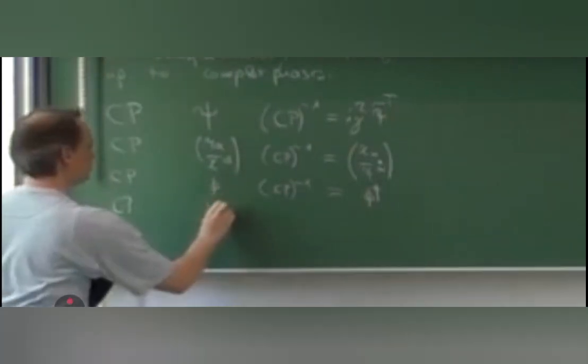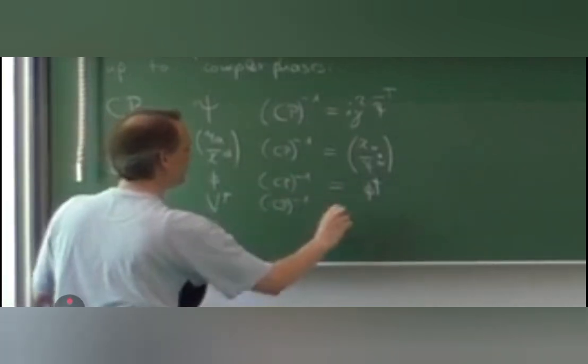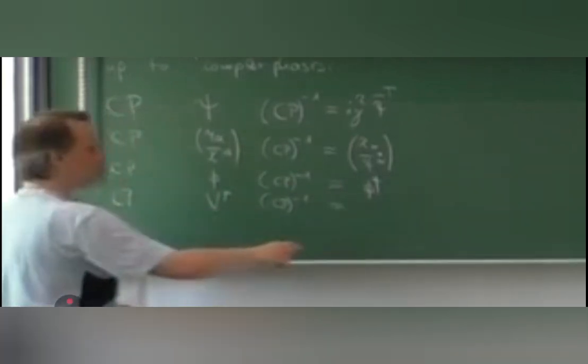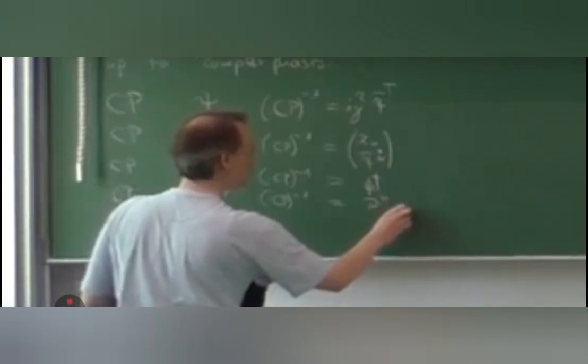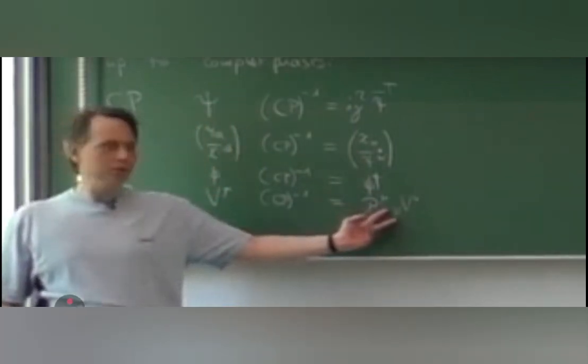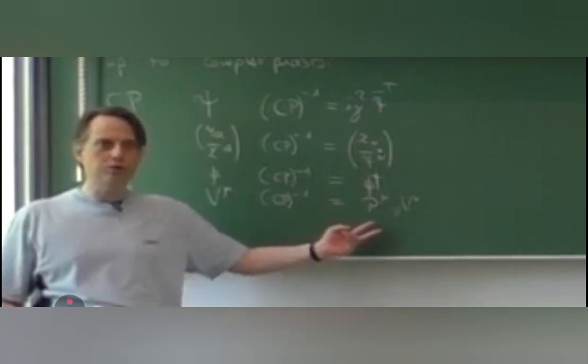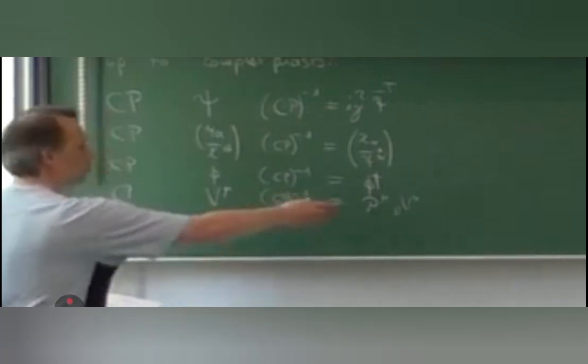And for a vector field, it transforms into itself times a parity transformation matrix, which basically means that the space components of the vector field get a minus and the time component gets a plus in this transformation. That simply corresponds to space reflection, and the overall field operator transforms like this.